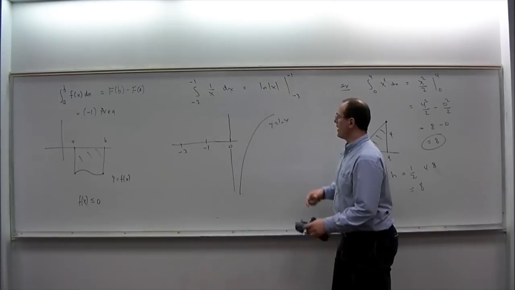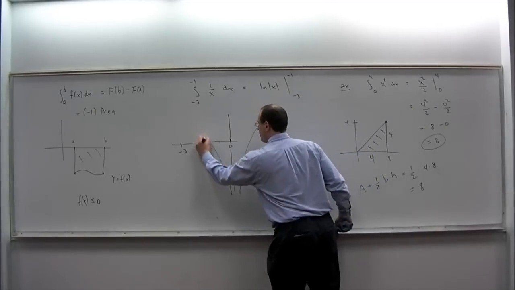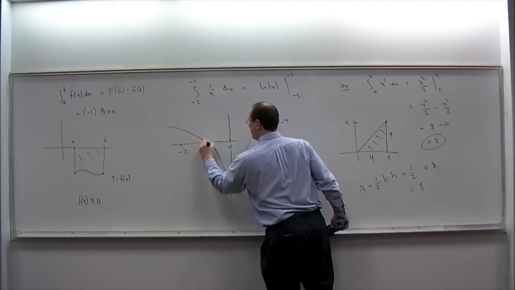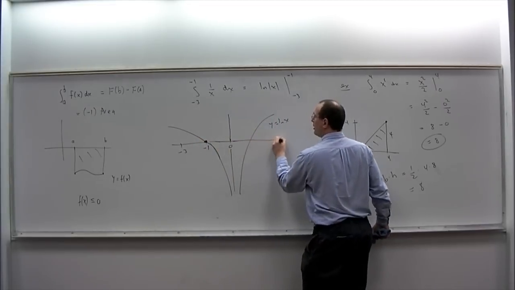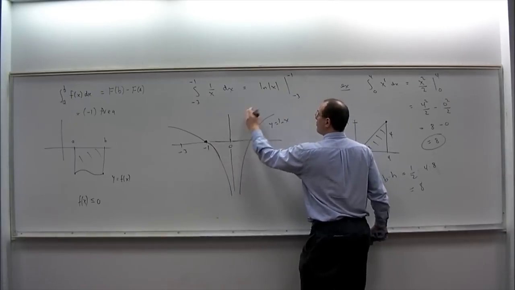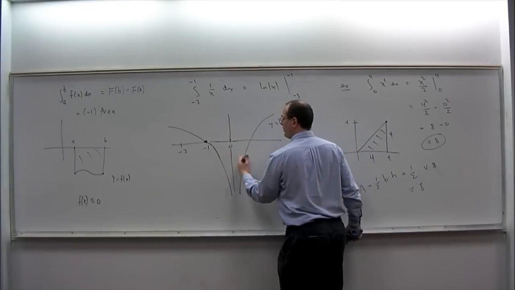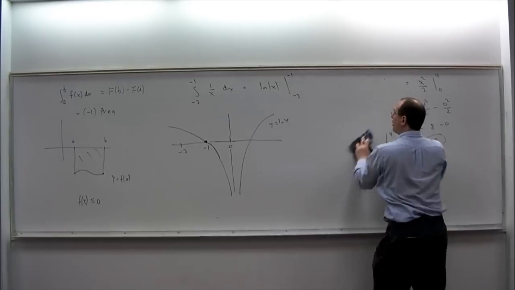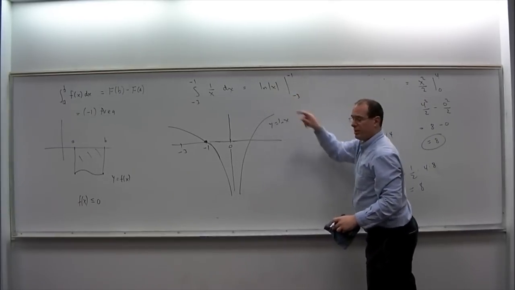However, log absolute value of x does exist. Log x doesn't exist in the left, but log absolute value of x exists on both sides of the y-axis. And so we can plug these negative values into this function.